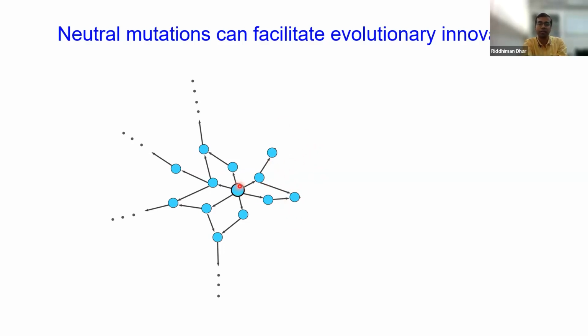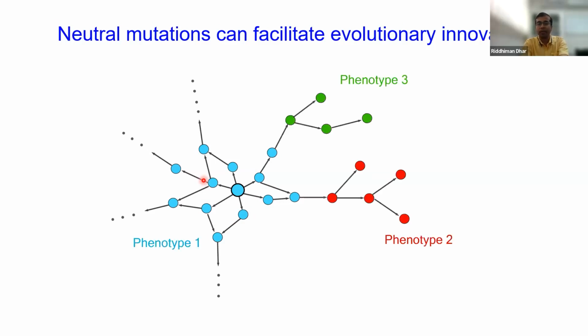We start with a genotype here, and we can have neutral mutations. So we are traversing through this genotype network, but the phenotype does not change, right? The environment remains the same, the phenotype does not change. So the genotype or the organism is able to explore a lot of genetic diversity without affecting the phenotype.